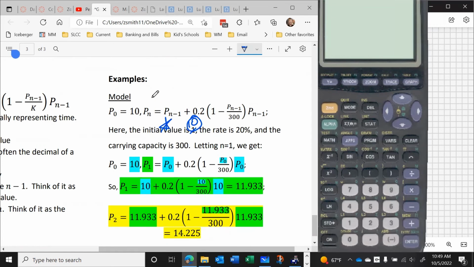The initial value is 10, it's a given right there. The rate is 20%. Right here, R equals 0.2, which might have been given as a growth rate in percentage, but we always use the decimal in the formula. The carrying capacity is down here, it is 300.